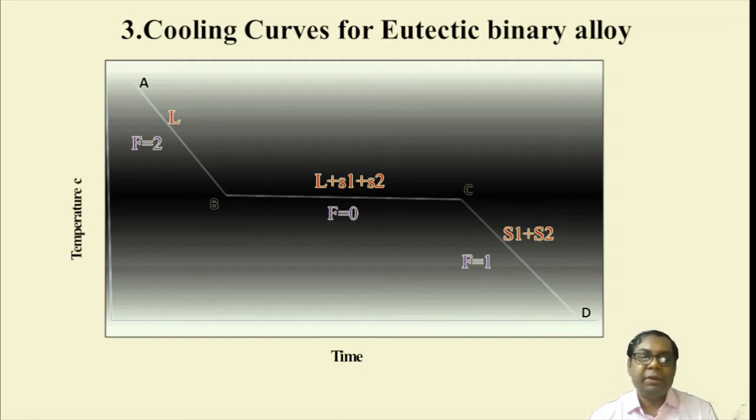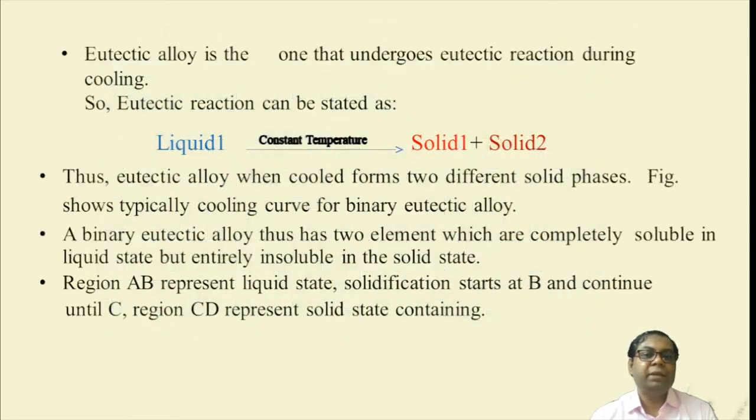So if we analyze the temperature versus time diagram, we can see that a eutectic alloy is the one that undergoes the eutectic reaction during cooling. The eutectic reaction can be stated, as I told, as liquid to solid 1 plus solid 2 under constant temperature. Okay, it is reversible.